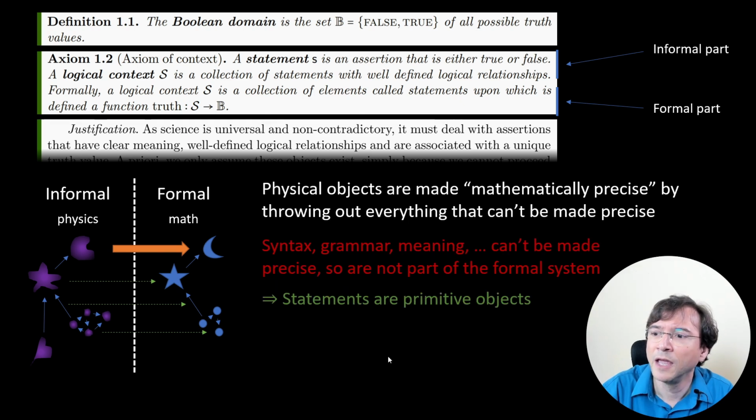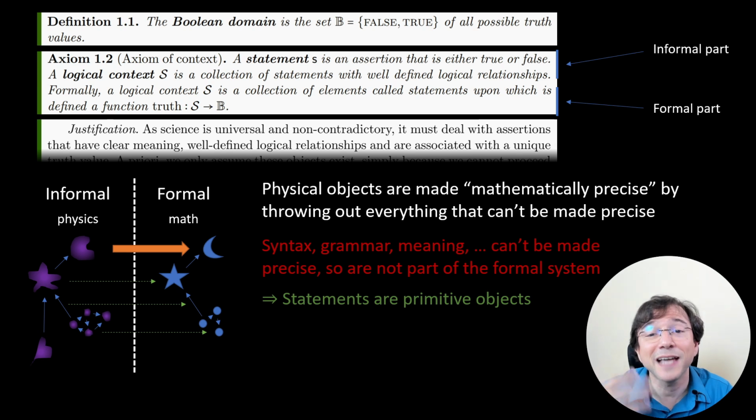So, okay. Another thing that is important when we go from the informal system to the formal system is that physical objects are fuzzy. We're never going to be able to take a physical object and really fully specify everything. So even when we say the mass of the electron is, I don't know, less than 1 gram, there is a lot to unpack there.